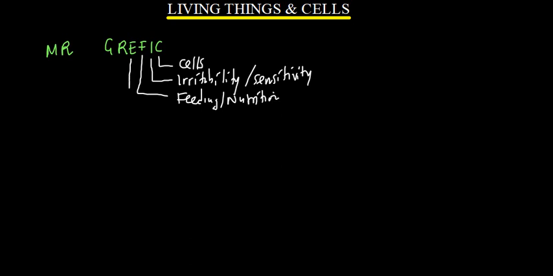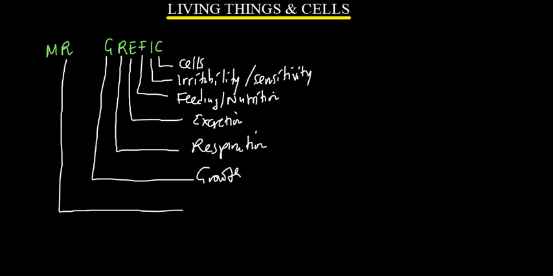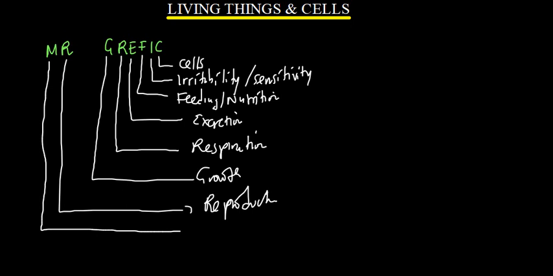And then you have got the E here, which is representing excretion. And then the R here is representing respiration. And then you have got the G, which is representing growth. And then you have got the R here, that is representing reproduction. And then M, and M represents movement.